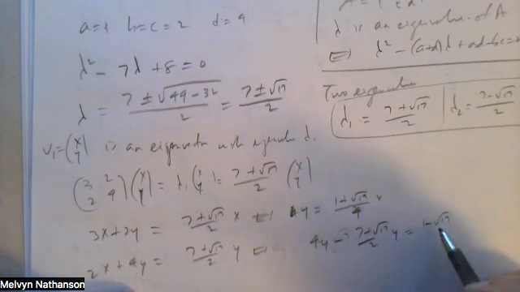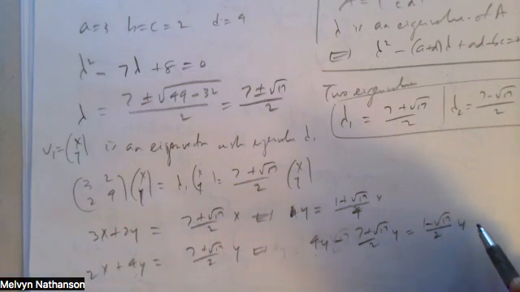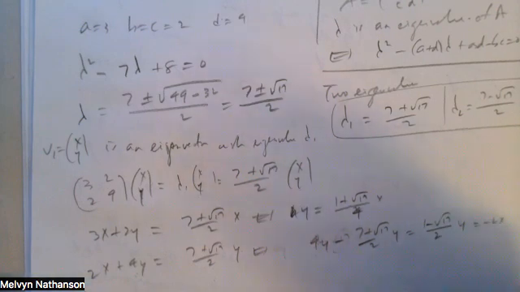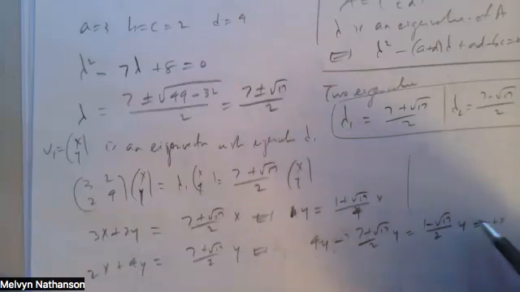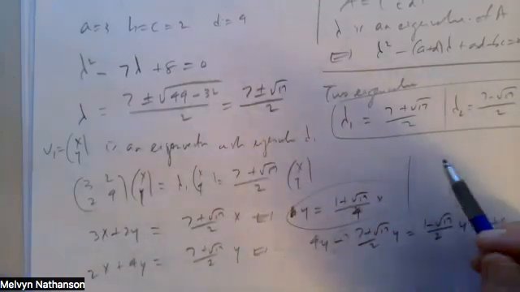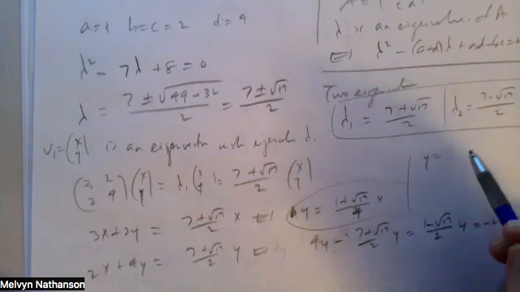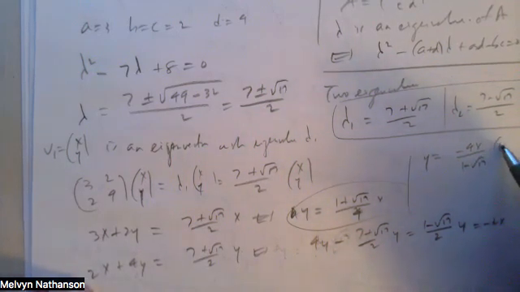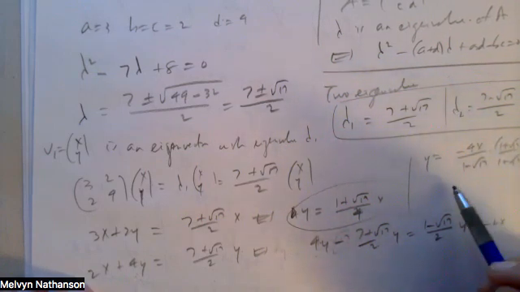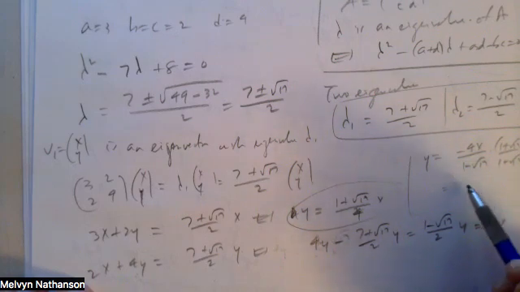This is (1 minus root 17) over 2 times y equals minus 2x. So if I solve this for y, I should get the same equation. y is equal to minus 4x over (1 minus root 17). If I multiply this by 1 in the form of (1 plus root 17) over (1 plus root 17), this is 1 minus 17.